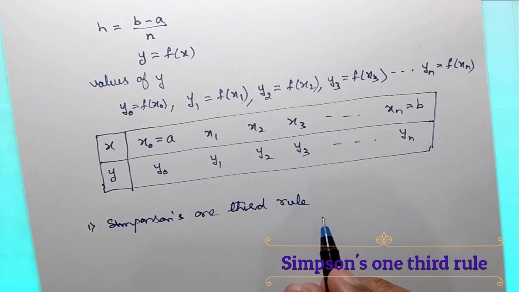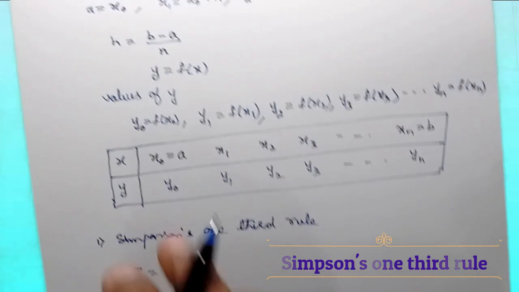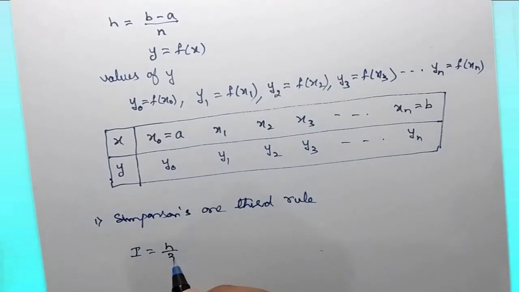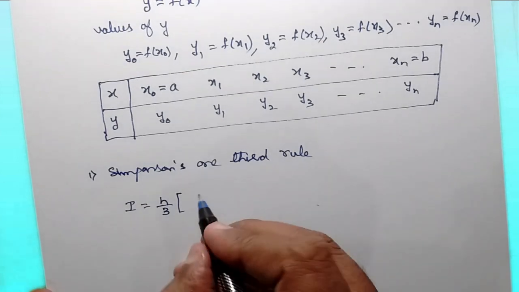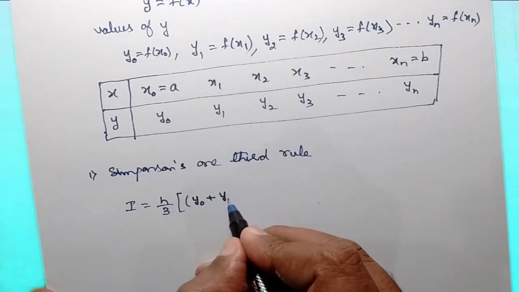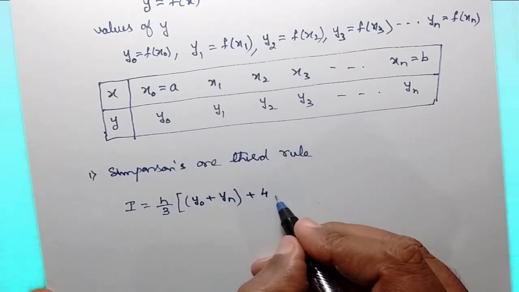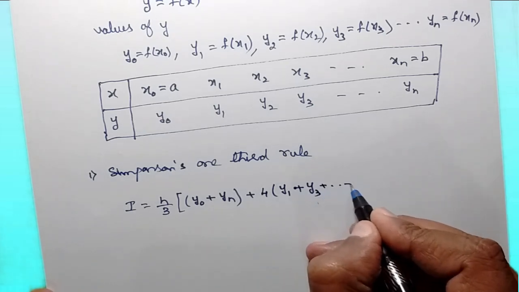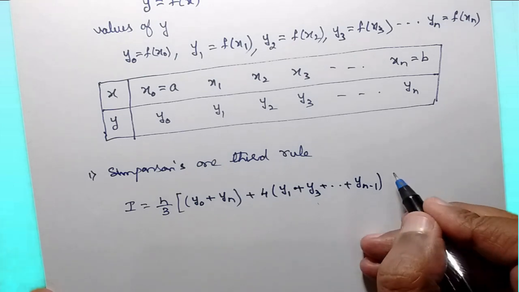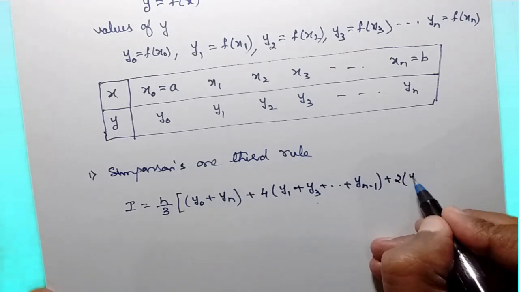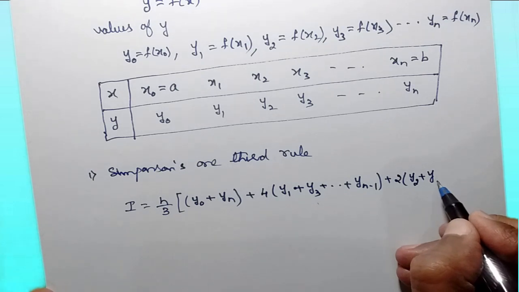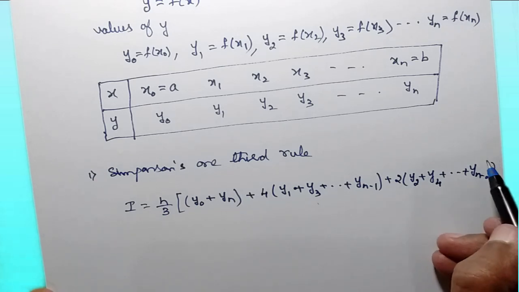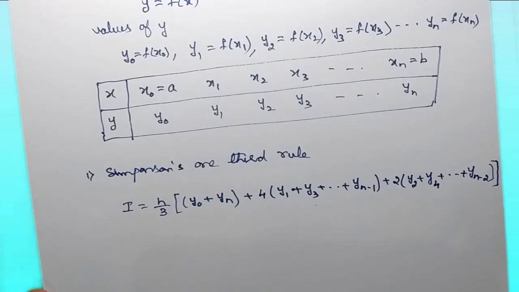Because I want to evaluate this I value, I is equal to h by 3 times, y0 plus yn, plus 4 times, y1 plus y3 plus so on, plus yn minus 1, plus 2 times, y2 plus y4 plus so on, plus yn minus 2. So this formula is called Simpson's 1/3 rule.